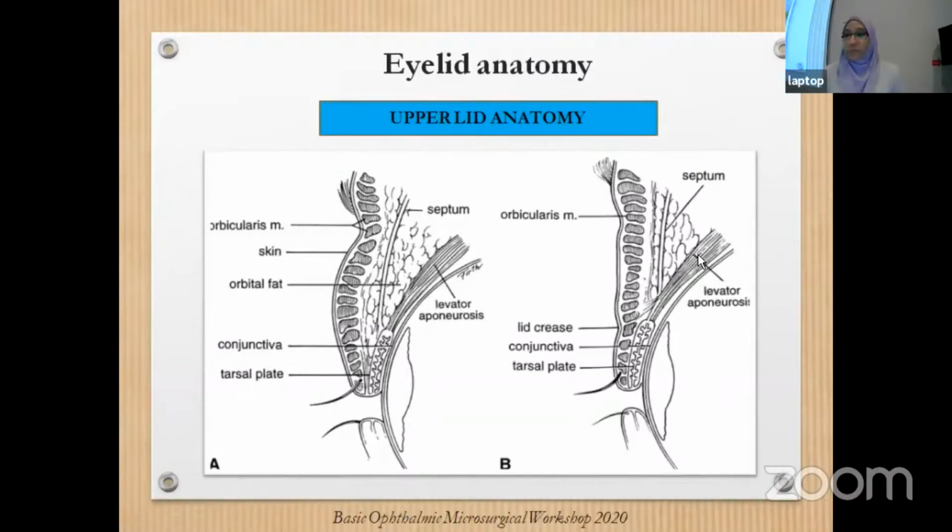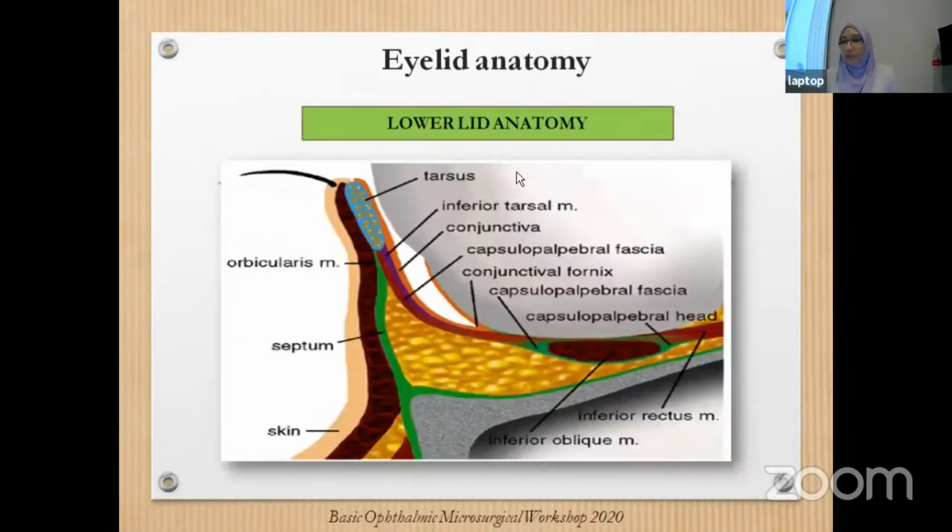This is the anatomy of the lower eyelid. There are some differences between the upper and the lower eyelid anatomy. You must know how to draw it. For the lower eyelid anatomy, the outermost is the skin, the subcutaneous tissue, and then the orbicularis muscle, followed by the septum.